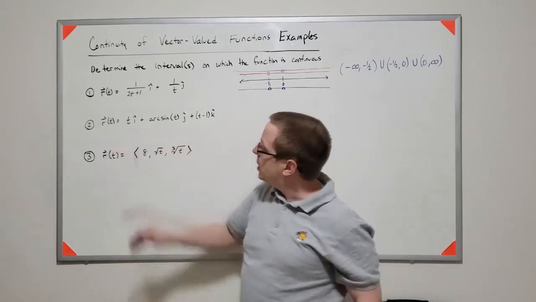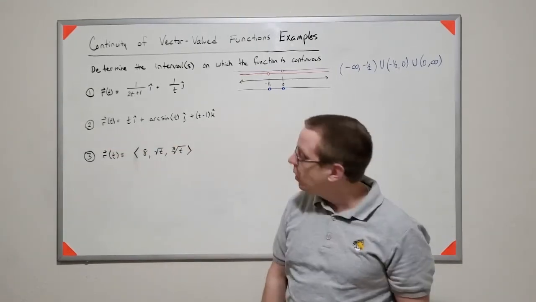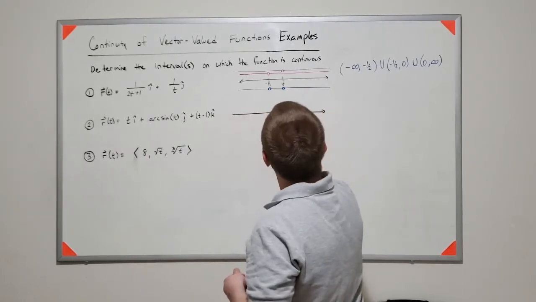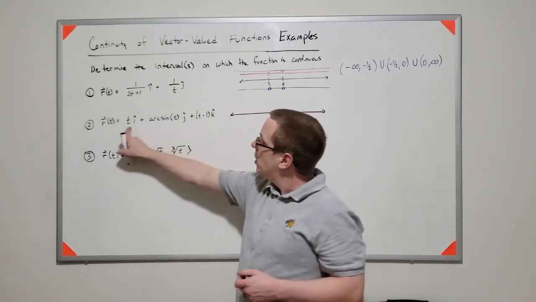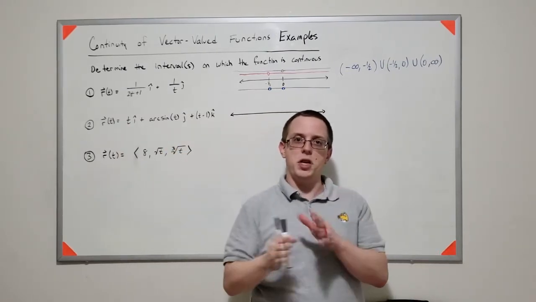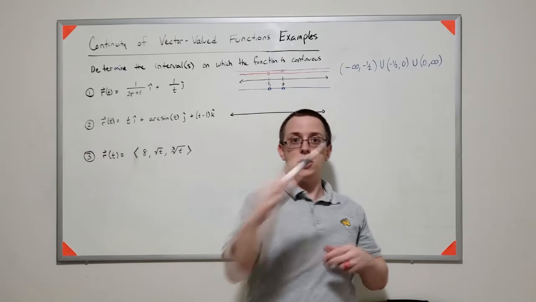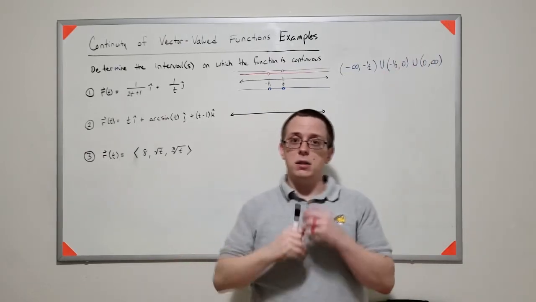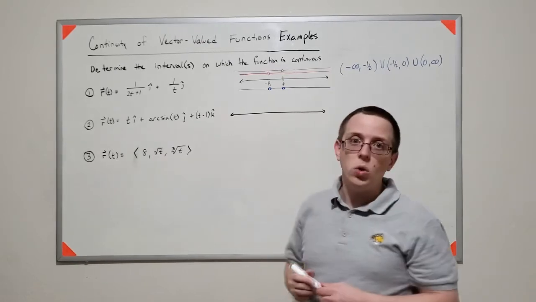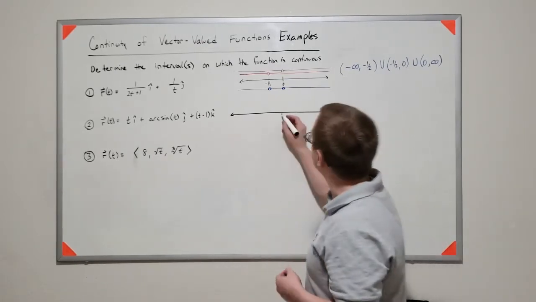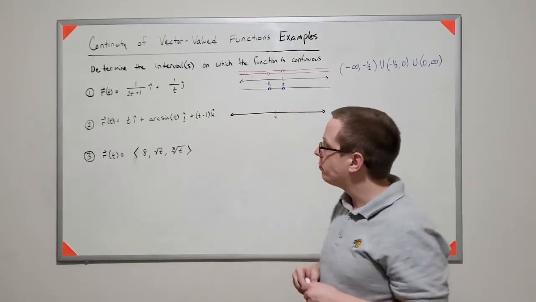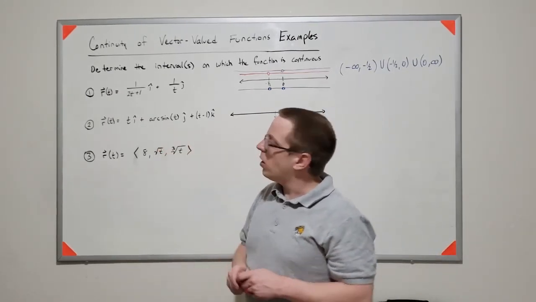Now, if we take a look at this particular piece, we can do the same idea. This is just the function t. Think of f of t equals t, or y equals x. That's just that straight line through, a perfectly continuous function. So the whole interval is fine there, and we don't even need to draw the purple line. We could. Now for arc sine.